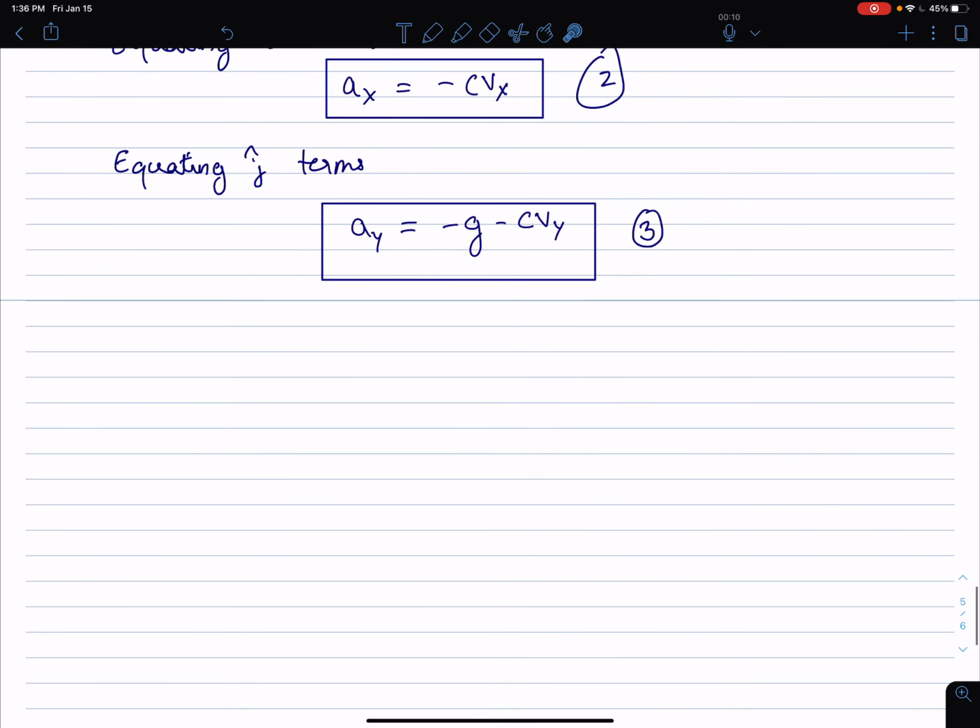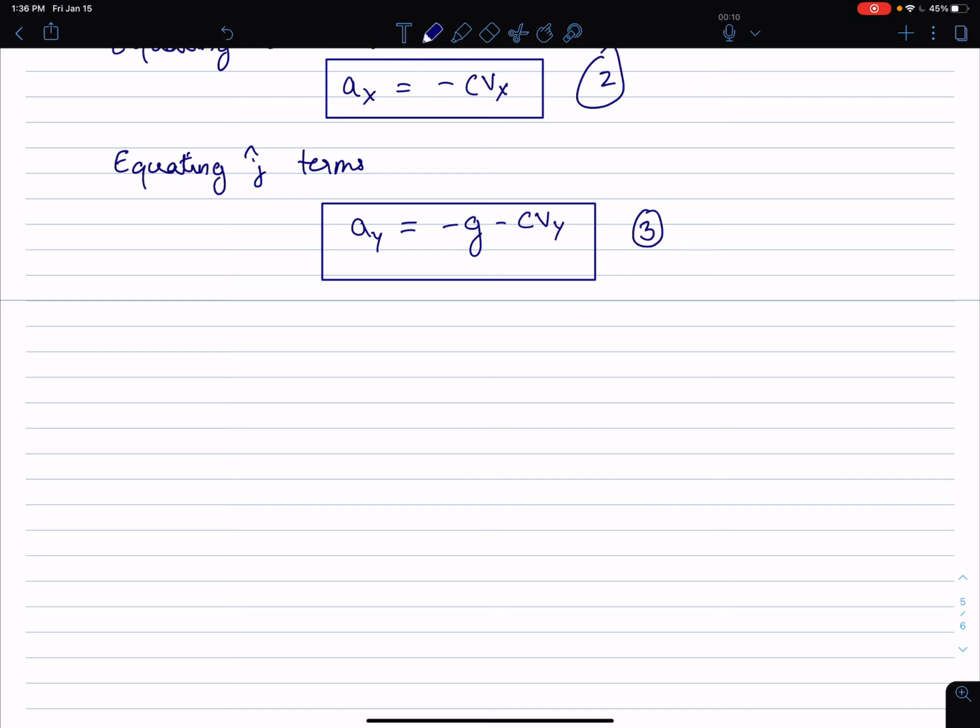We have the acceleration along the x direction, which is now a function not of time but of velocity in the x direction. Similarly, we have the acceleration in the y direction, which is a function not of time but of velocity in the y direction. So we need to now use the kinds of tricks that we learned last lecture to integrate when you have acceleration as a function of velocity.